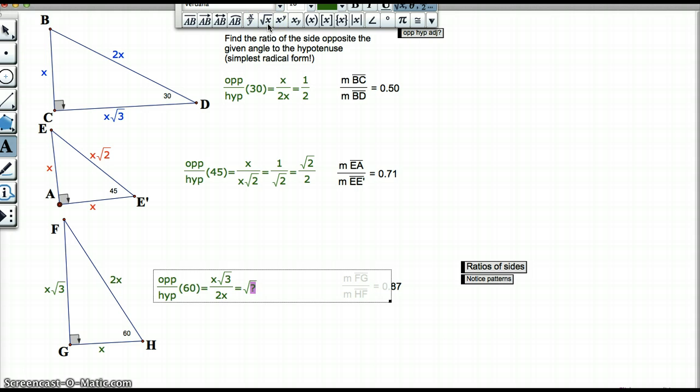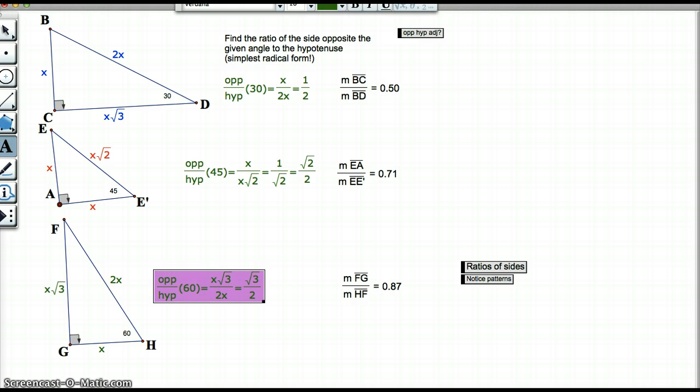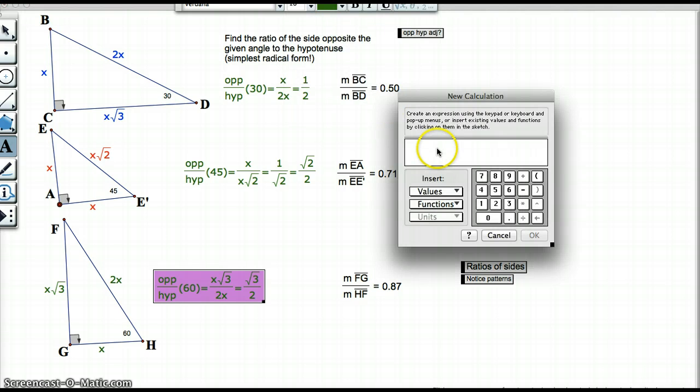I get the square root of 3 over 2. And when I calculate the square root of 3 over 2, I get 0.866025. That's going to keep going, and that's rounding to 0.87.